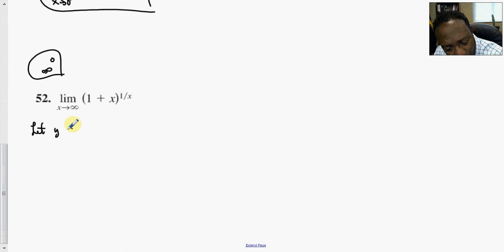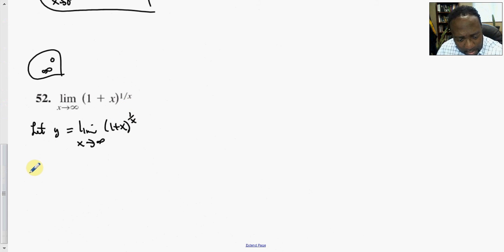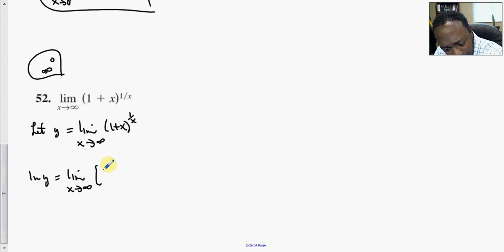So let y equal the limit as x goes to infinity of 1 plus x to the 1 over x. Take the natural log of both sides. So the natural log of y is equal to, and since we've done this a couple of times, we can go ahead and get right to it, the limit as x goes to infinity of the natural log of 1 plus x to the 1 over x.